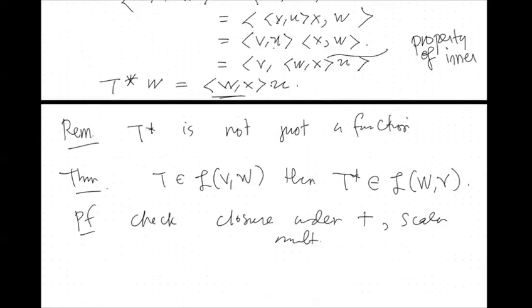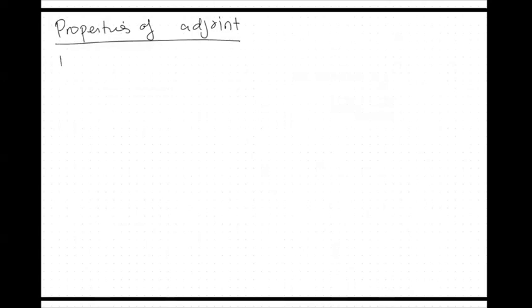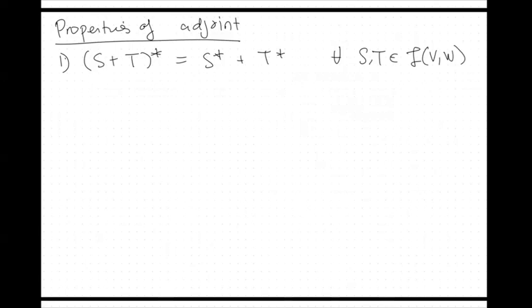Now we are going to provide some properties of the adjoint. First property: (S + T) adjoint is just S adjoint plus T adjoint, for all S and T in L(V, W).